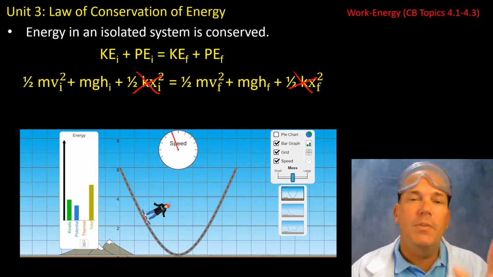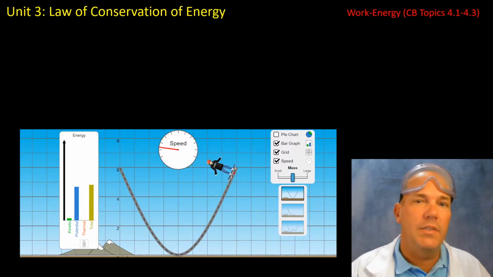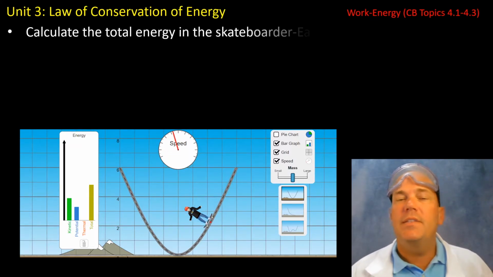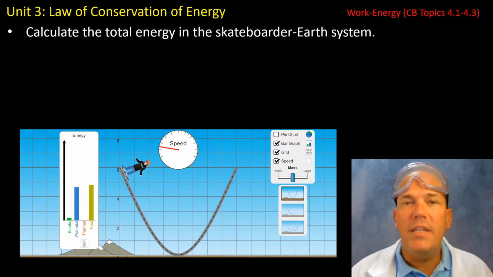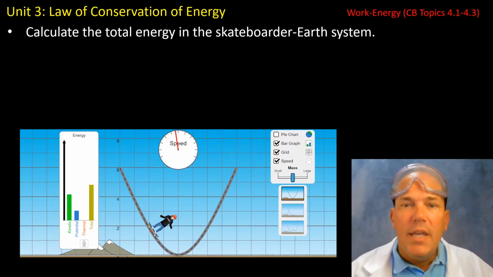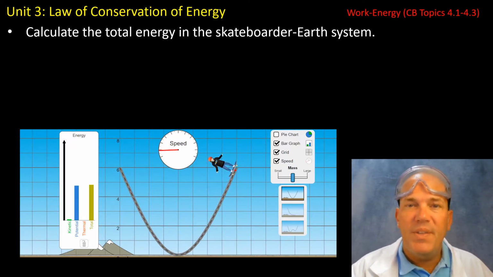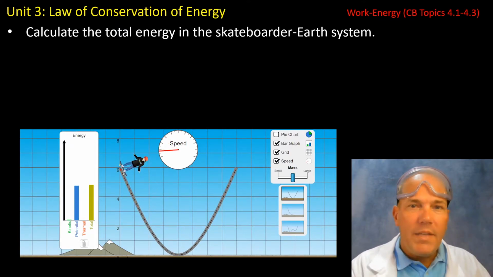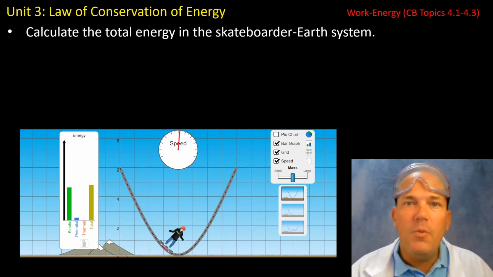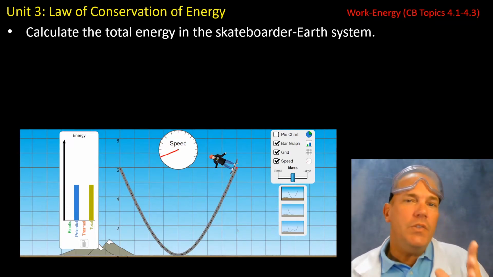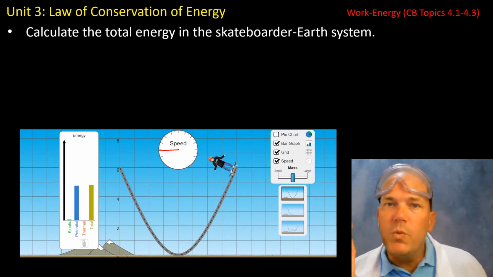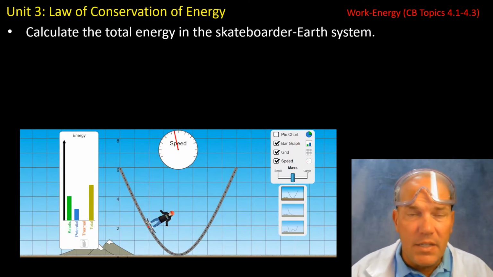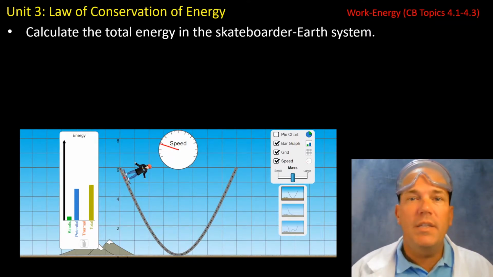Let's do an example so this can hopefully make a little more sense here. So looking at the same clip here, you're asked to calculate the total energy in the skateboarder Earth system. So at any given point, watch these bar graphs as they go back and forth. There's two areas where you could really determine easily the total energy in this system.